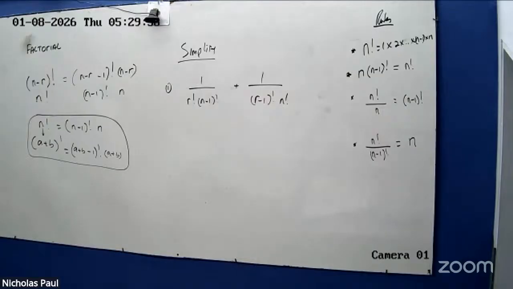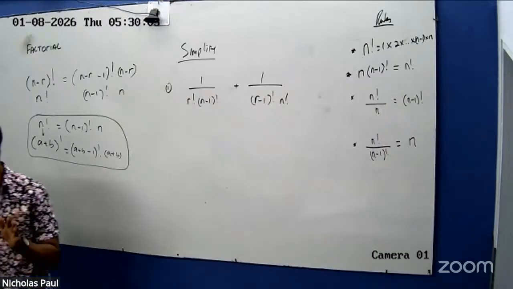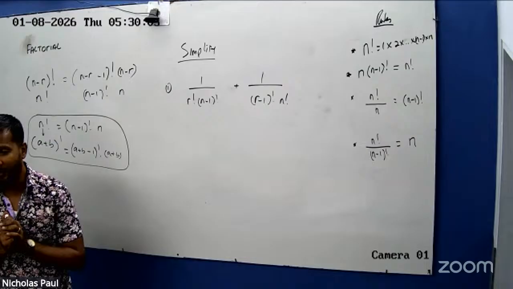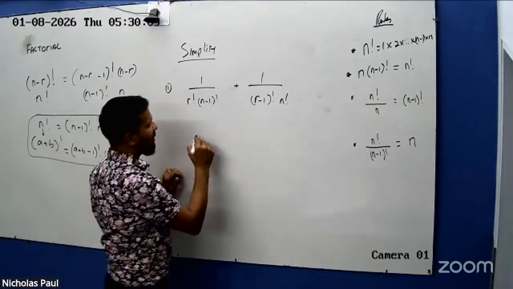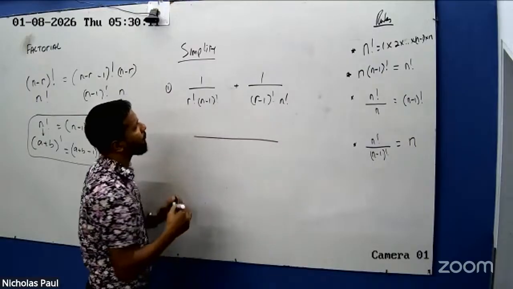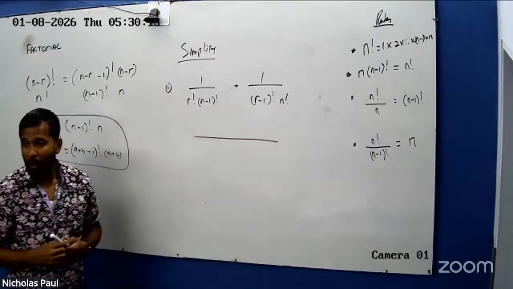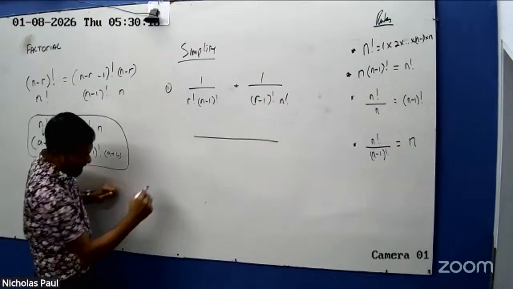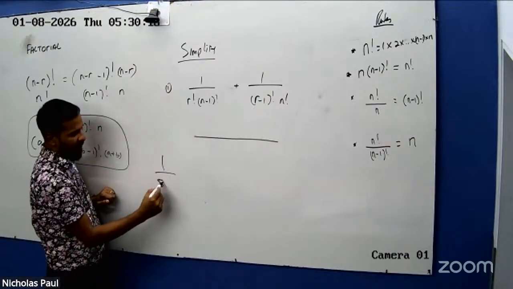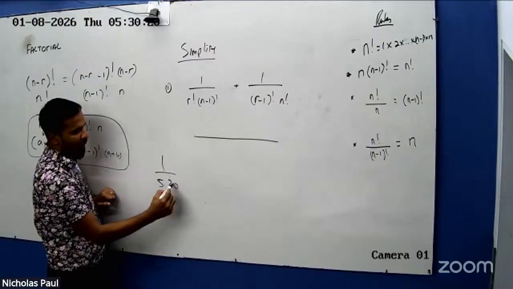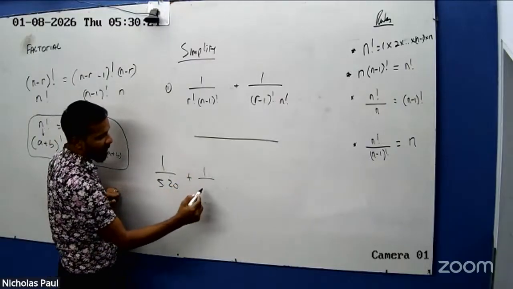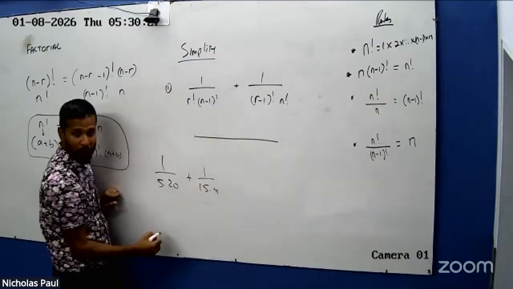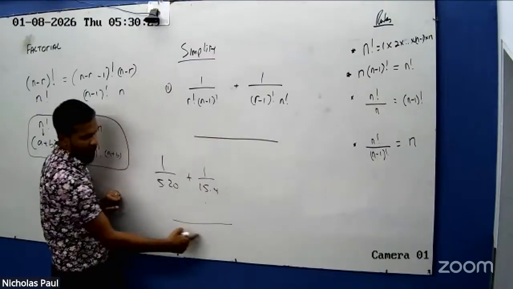What do we normally do if we have 2 fractions? Find the LCM and get 1 fraction. So what will be the LCM here? Just a quick question. If I have 5 here and I have 20 here, and I have 15 here and 4, what will be the multiples to use here?